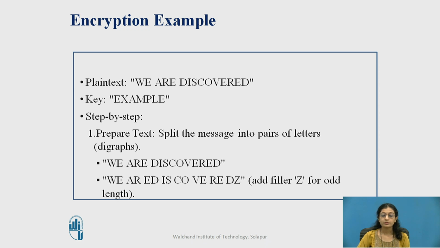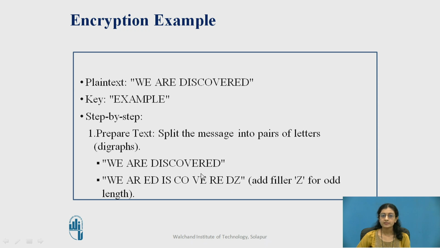So first step will be we have to split the message into pairs of letters, that is digraphs. So "we are discovered" will be divided into WE, AR, ED, IS, CO, VE, RE and DZ as pairs.